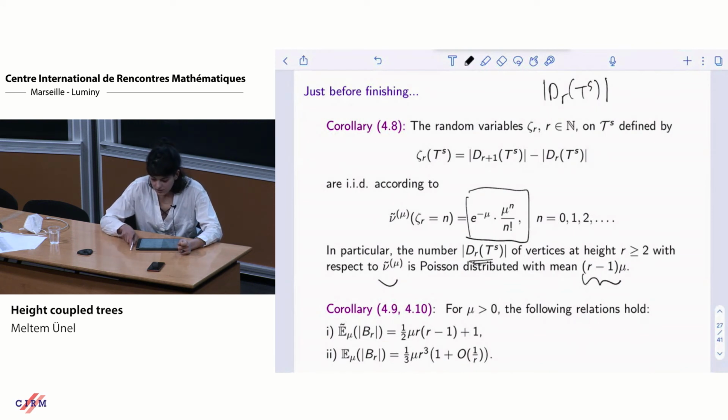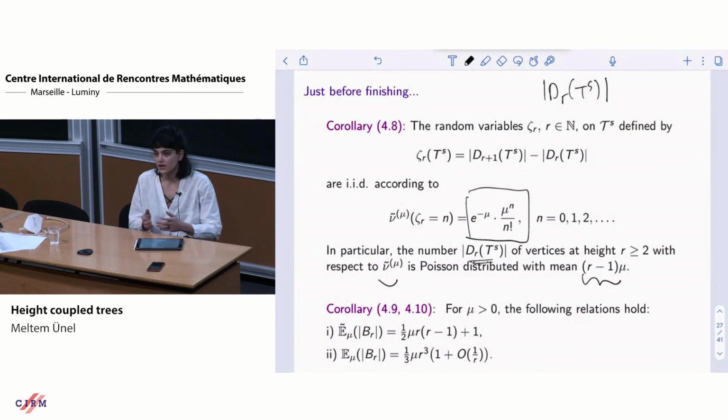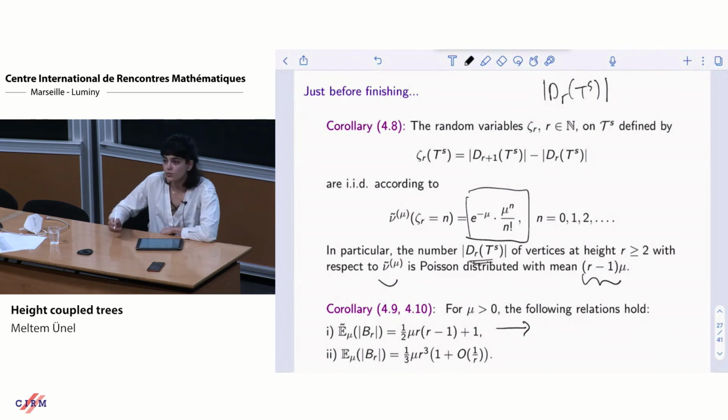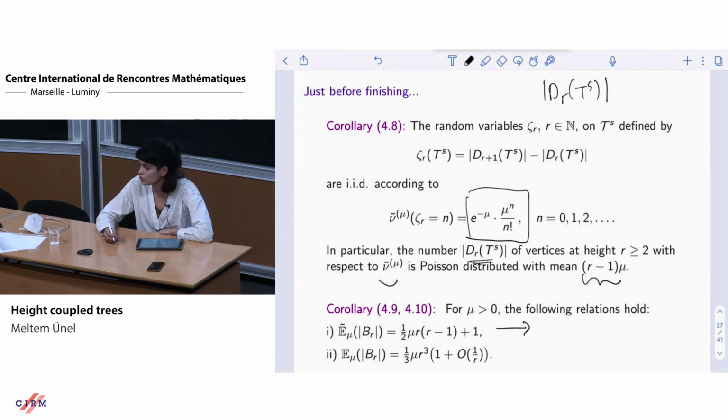And now that we have more or less the full characterization of the push forward measure and of the full measure as well, we can try to compute the Hausdorff dimension that is associated with them. And it turns out that the Hausdorff dimension of the push forward measure is equal to 2, because this is quadratic in r.